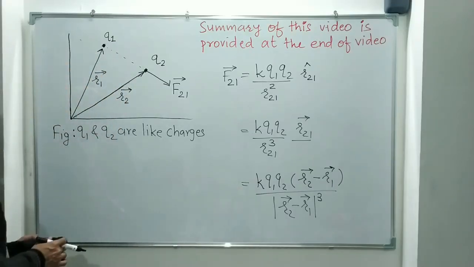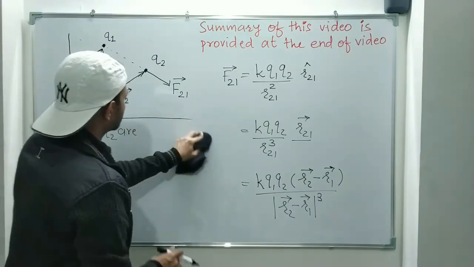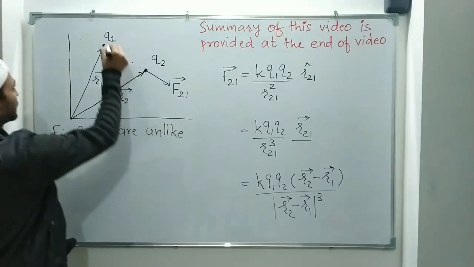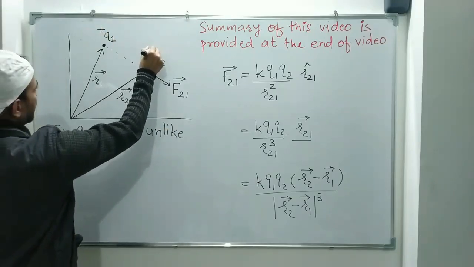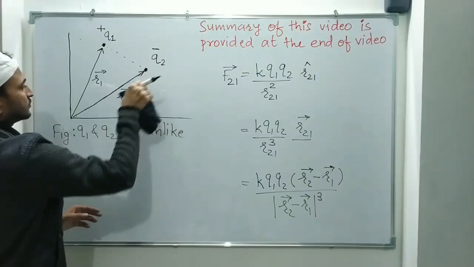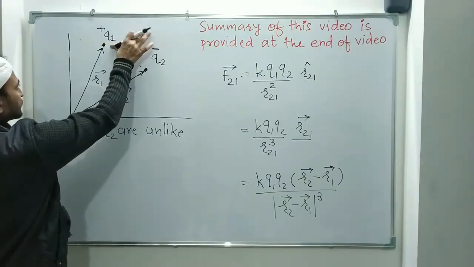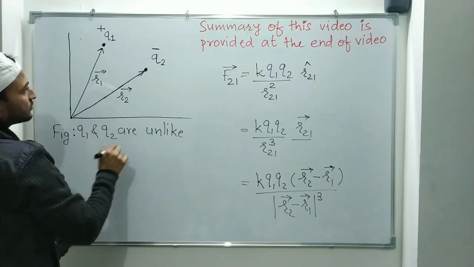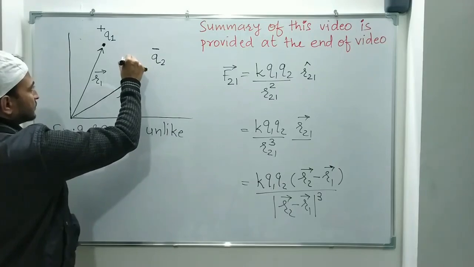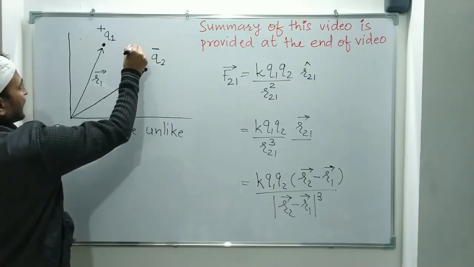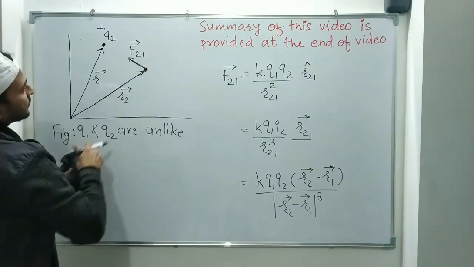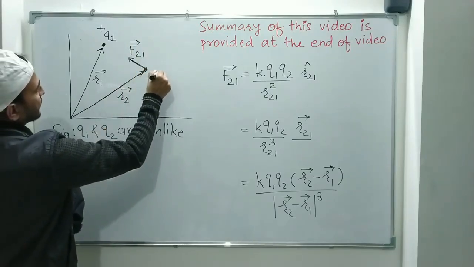Now suppose both the charges are unlike. One is positive and the other is negative. So both will attract each other. This charge is negative.